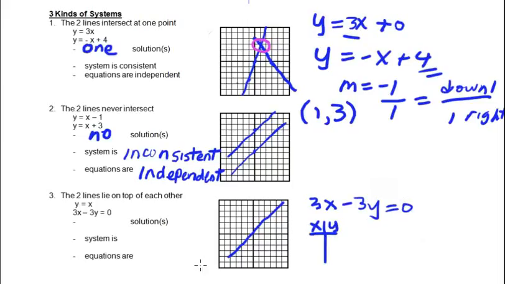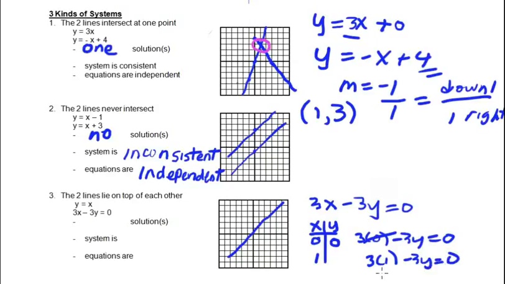Next, I'd like to plot some points by making a table of values. For example, if I chose x is equal to 0, we can calculate the y value. So 3 times 0 minus 3y is equal to 0, and this term drops out. So we get negative 3y is equal to 0, or that y is equal to 0. If we choose another point, for example, x is equal to 1, then we get 3 times positive 1 minus 3y is equal to 0.